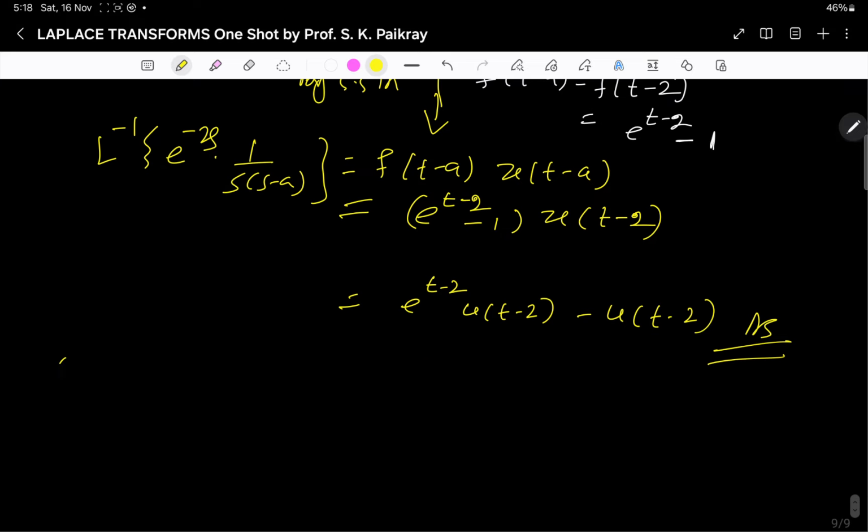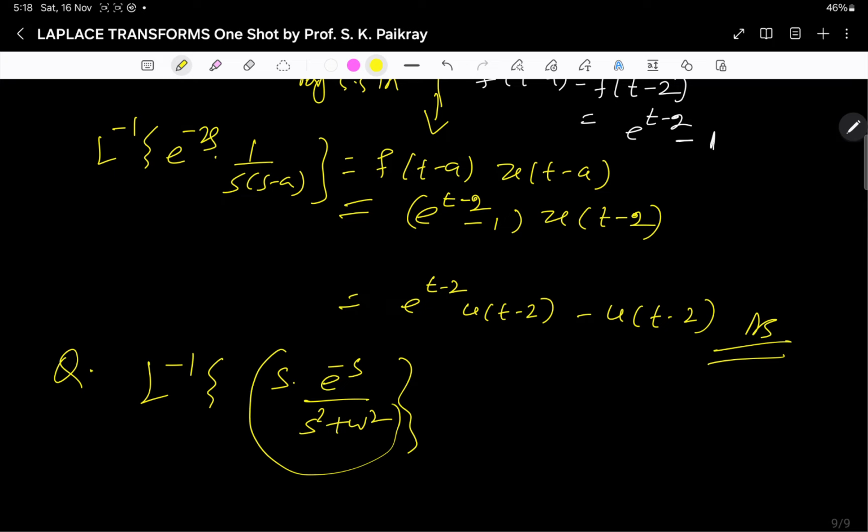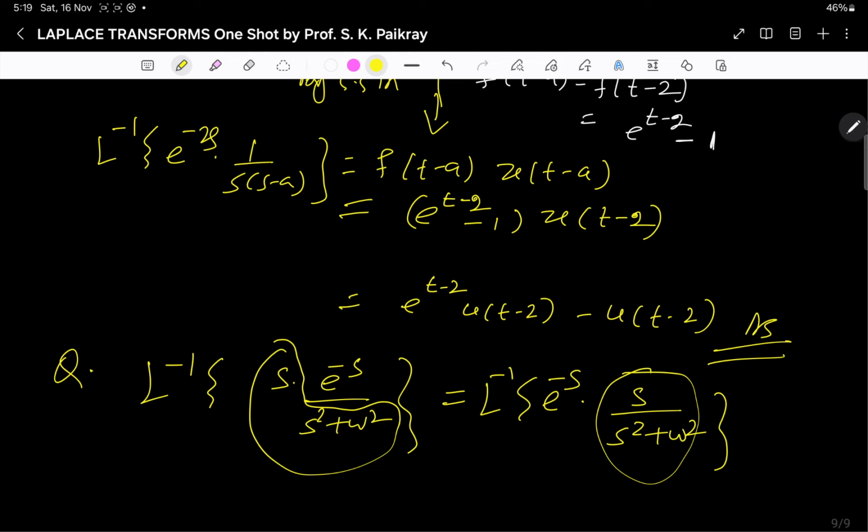Coming to one more example. Suppose L inverse of s e to the power minus s by s square plus omega square. So now this is my F(s). So this is equal to L inverse of e to the power minus s into s by s square plus omega square. The inverse of this you know.